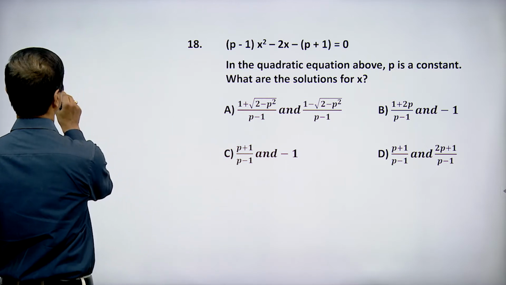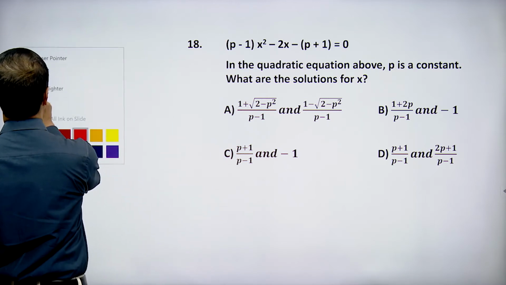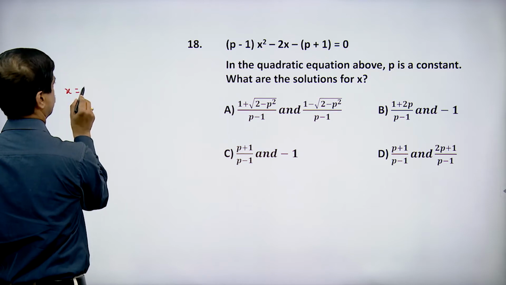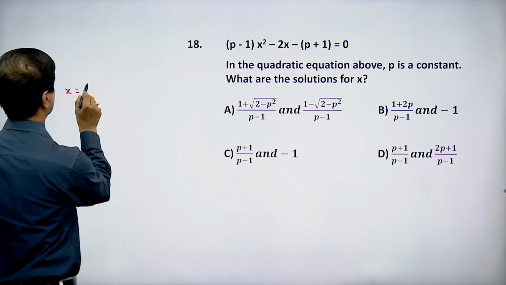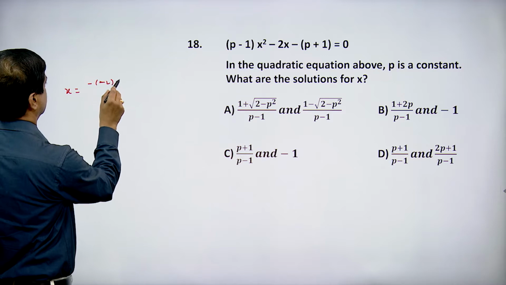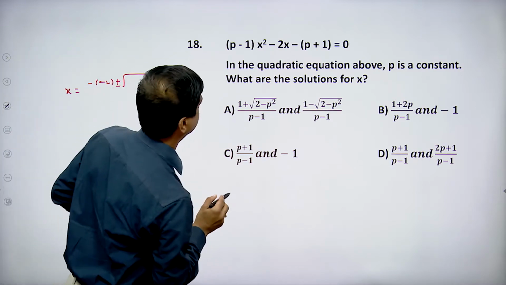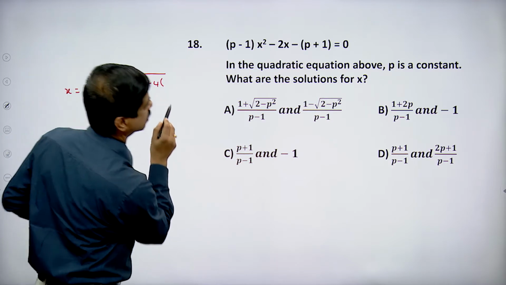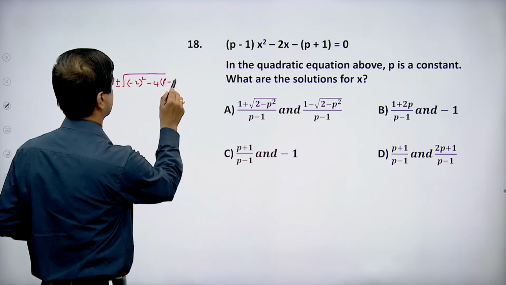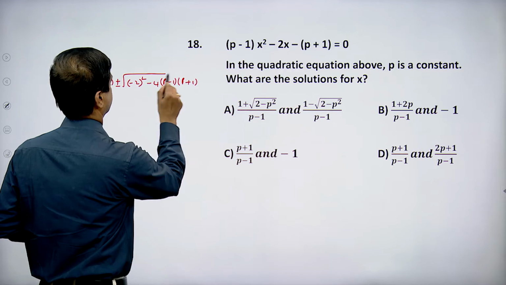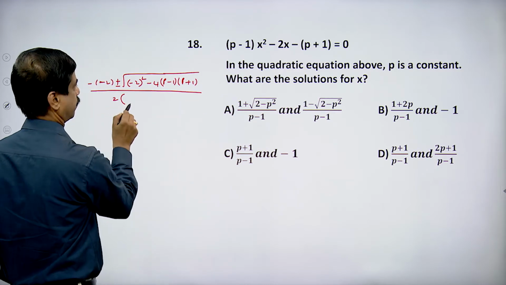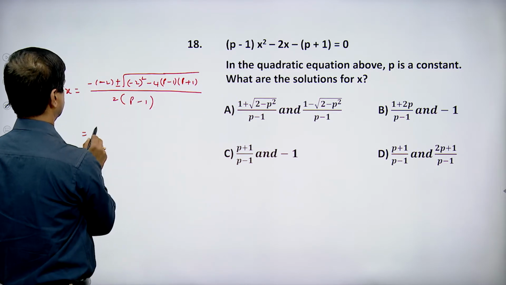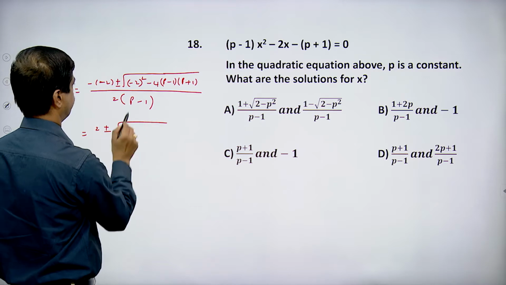So x equals minus b, that is minus of minus 2, plus or minus root of minus 2 whole square minus 4ac, that is p minus 1 into p plus 1, by 2a. So that is 2 plus or minus root of 4.